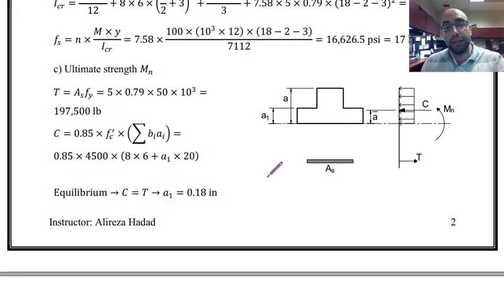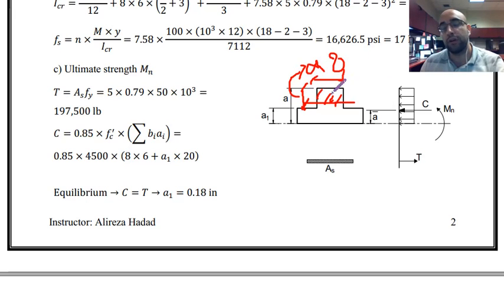So in that situation, the A1 that I would get would be negative, and then I should have returned back to this situation and just consider the compression block in the top portion alone, and then find A directly by saying C is equal to 0.85 F prime C multiplied by 8 multiplied by A1.